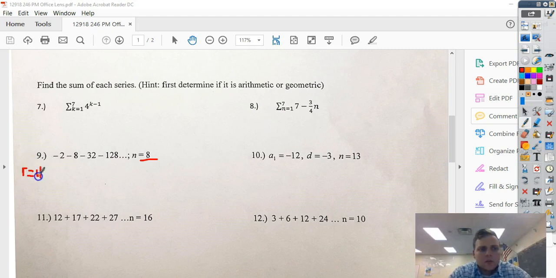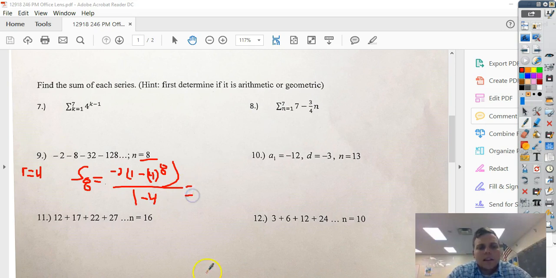and that the first term is -2. So I can just say S sub 8 is equal to the first term, which is -2, times 1 minus 4 being raised to the nth power, which in this case is 8, all divided by 1 minus r, so 1 minus 4 for this problem.